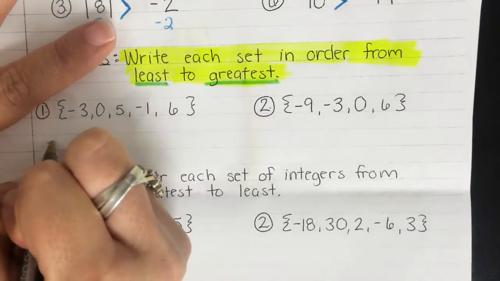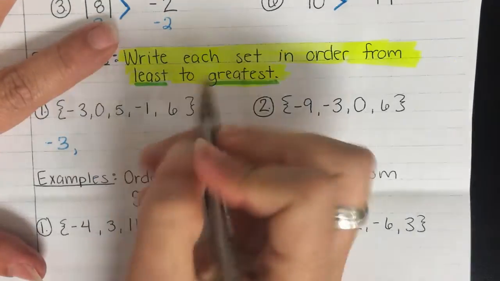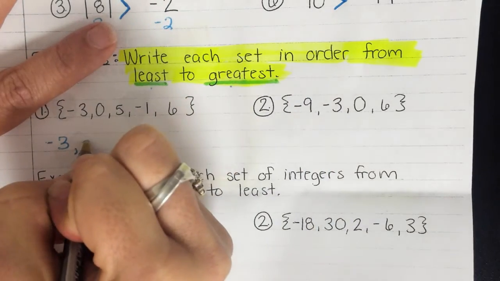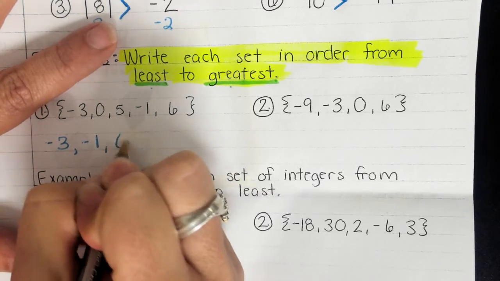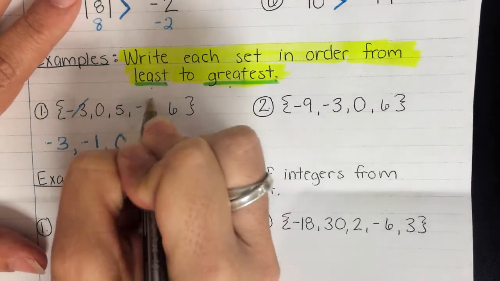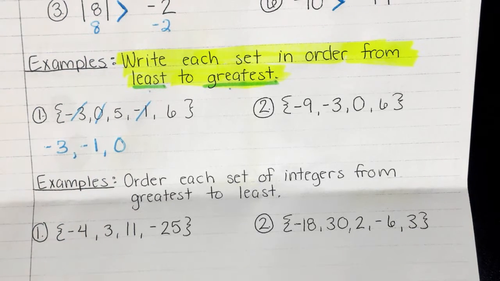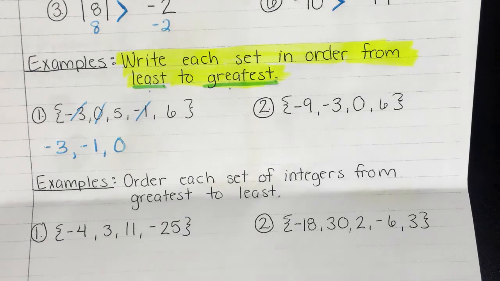-3. Listen, -3 is the furthest that way. Oh, I thought we were doing least to greatest. Least to greatest. Then -1, because it's getting bigger the closer I go to 0. Then it's 0 and 5 and 6. Okay? Least to greatest. Listen, the smallest numbers are down at that end, to the left, and then it gets bigger as we go to the right.